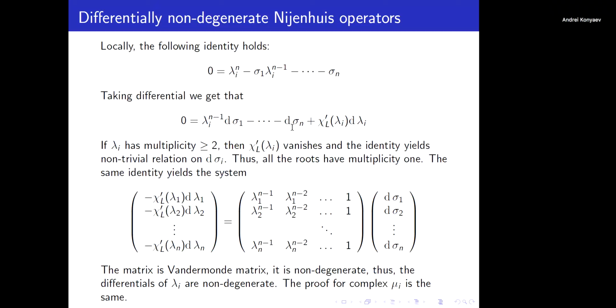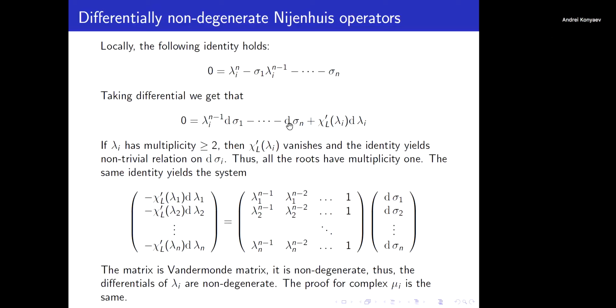It holds at every point, which means that these differentials cannot be linearly independent, because in this identity not all the coefficients vanish. If lambda i is 0 at some point, then all the differentials vanish except the last one, the differential of the last coefficient, which is the determinant.